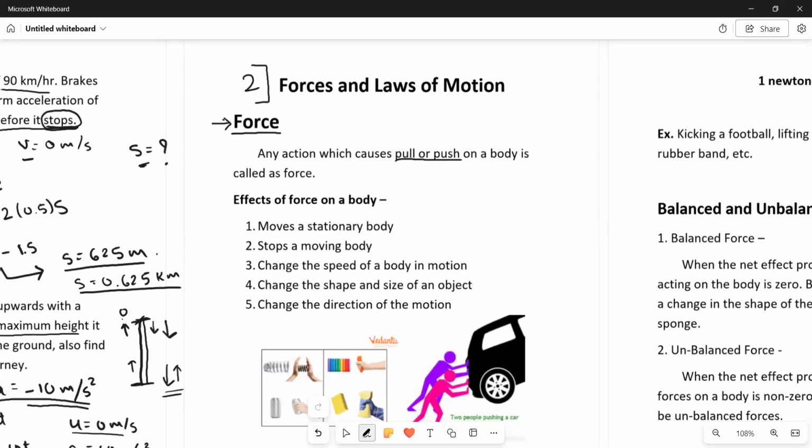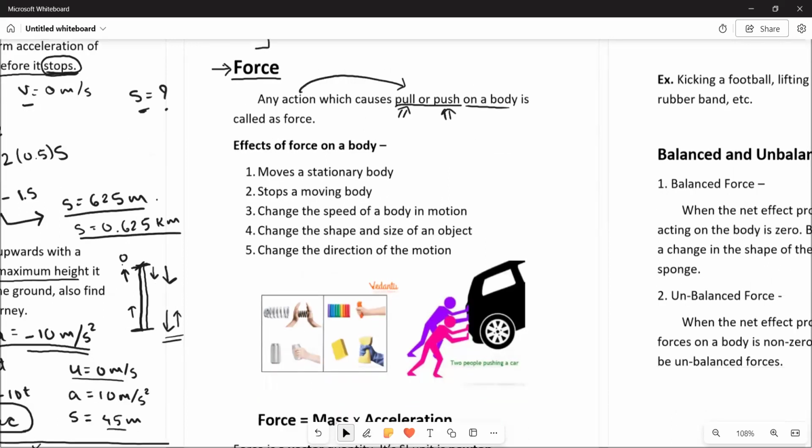Force is simply an action of pull or push which will act on a body. Either the action will be a pulling action or it will be a pushing action. These two actions will be called a force.